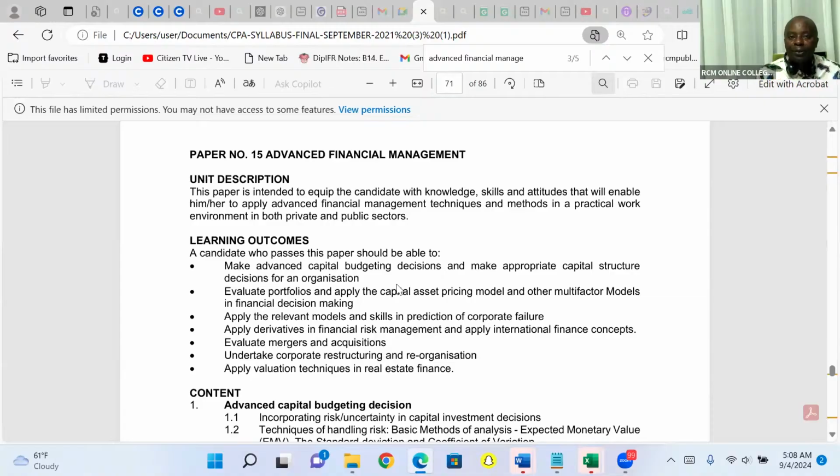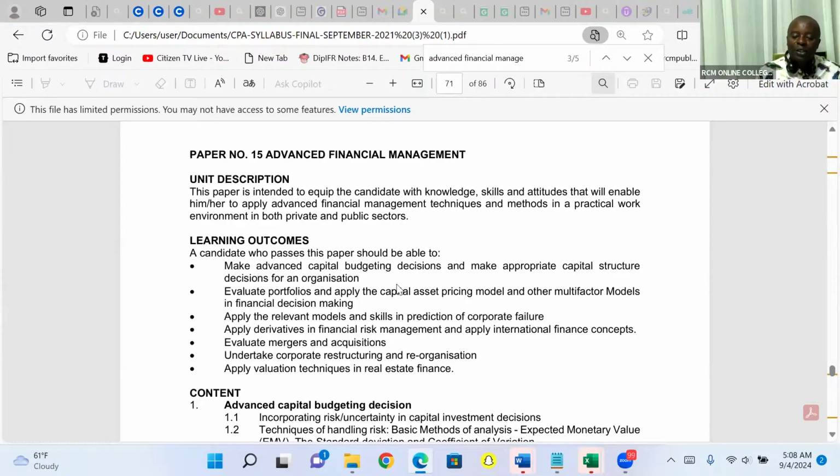We know that capital is very scarce, and there should always be many projects competing for this capital. So we will have, for example, projects A, B, and C competing for 10 million, which will not be enough. So we have to budget for the 10 million optimally. We must look at these 3 projects, A, B, and C. Which one has the highest net present value? And that is what we shall be able to work with.